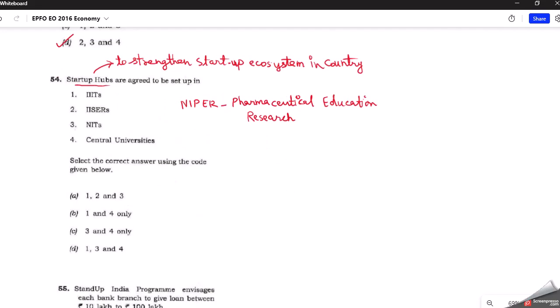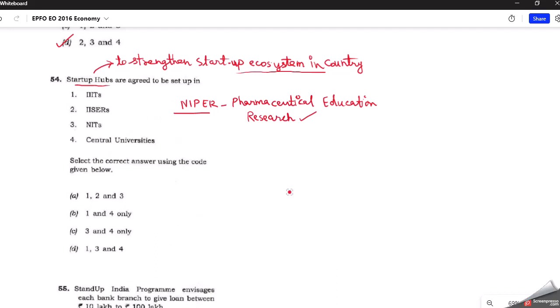Now, the startup hubs were again in the news in 2015 and 16, and the government has launched these startup hubs in IIITs, Indian Institutes of Science Education and Research, NITs, and NIPER, that is National Institute of Pharmaceutical Education and Research. So, in these institutions or organizations, the government has launched these startup hubs, and basically the aim or objective of the government was to strengthen the startup ecosystem in the country.